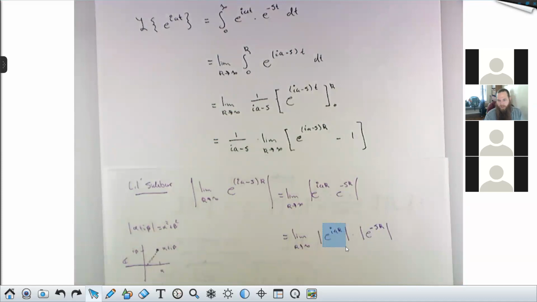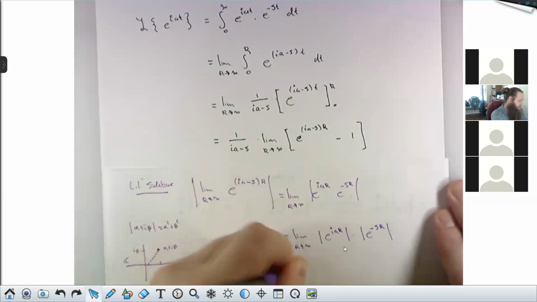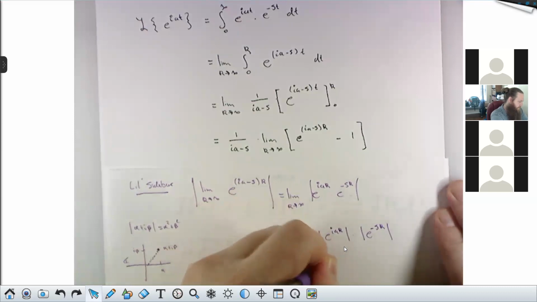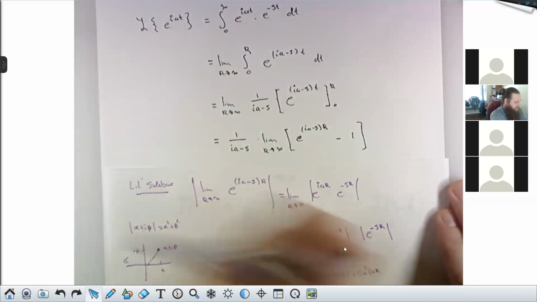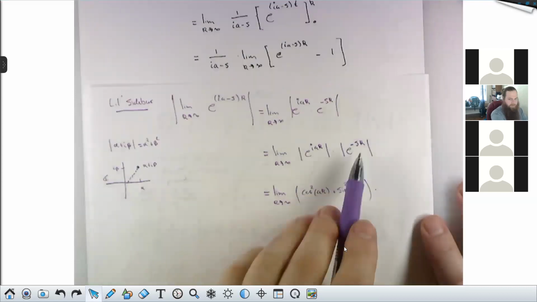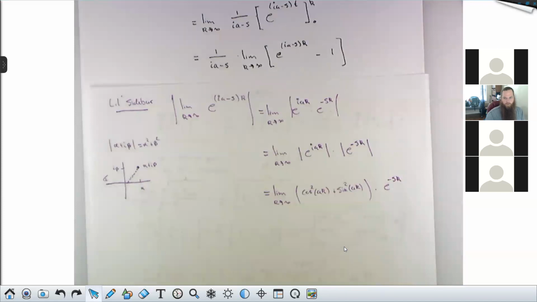This is cosine ar plus i times the sine of ar. So I'll write this out for you. This is the limit as r goes to infinity of the square root of cos squared ar plus sine squared ar, times the absolute value of the positive real number e to the negative sr. And the absolute value of a positive real number is that positive real number itself.